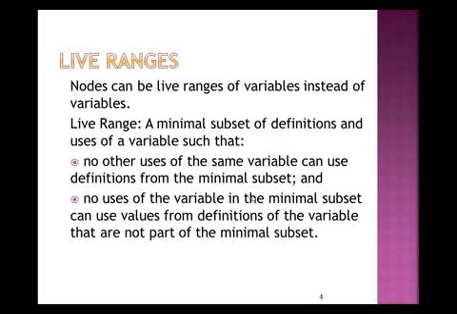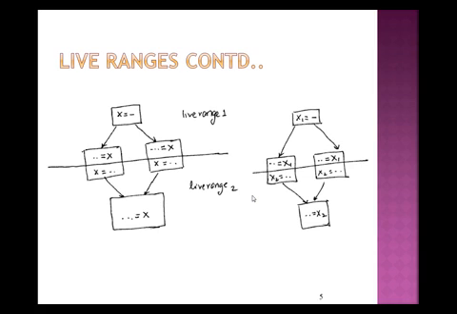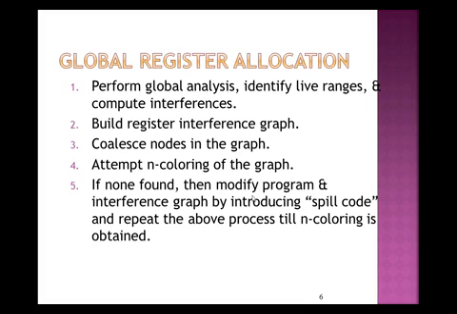The variable is unique in every program. Its value depends on the program, but the value is the same. Then we continued with live ranges, and we also looked at a diagram showing how we can represent the live range.